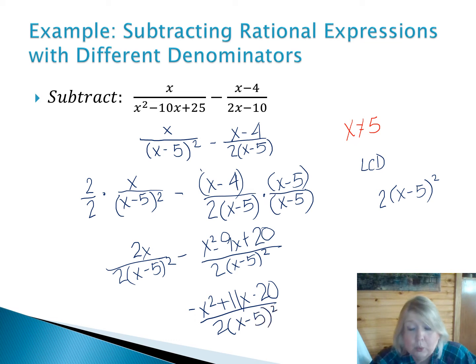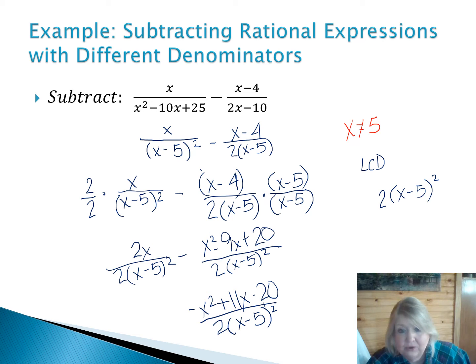Now, to walk you through my ideas on the simplification, since I don't have room to write it out, you're really going to have to listen. I would consider factoring a negative out here so that I deal with a positive x squared and a positive 20. So if it's a positive 20, when I factor, I'm going to have like signs. The middle term would change to a negative, so they'd both be negative.